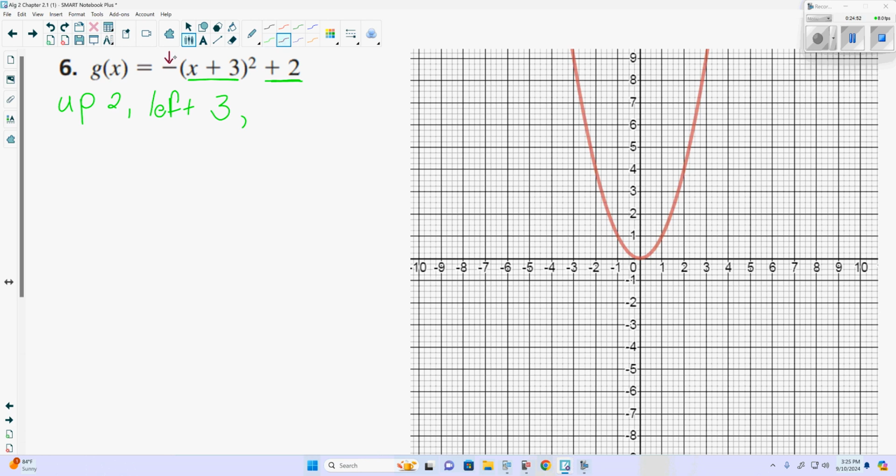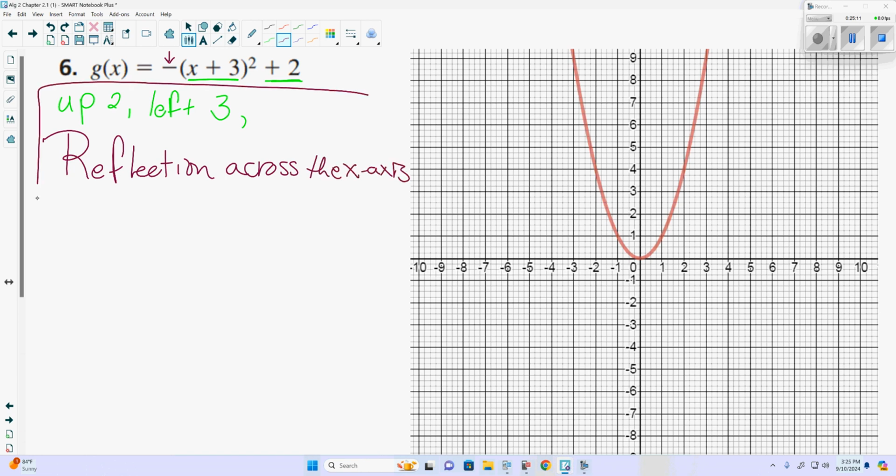But that leaves us with the last transformation, that negative outside the parentheses, which would be a reflection across what? All right, guys. If the negative is outside the parentheses, it's across the x. If the negative is in front of the x, inside the parentheses, it's across the y.